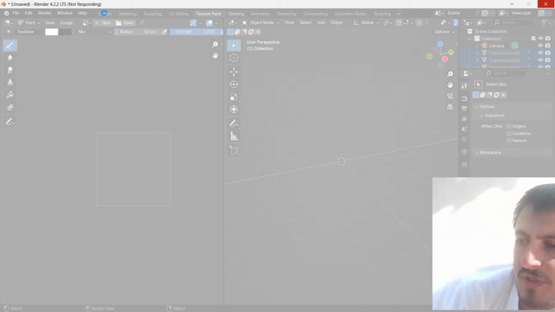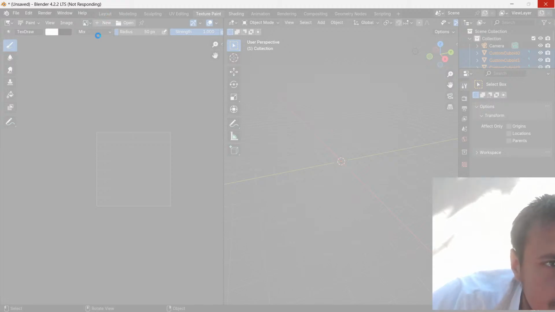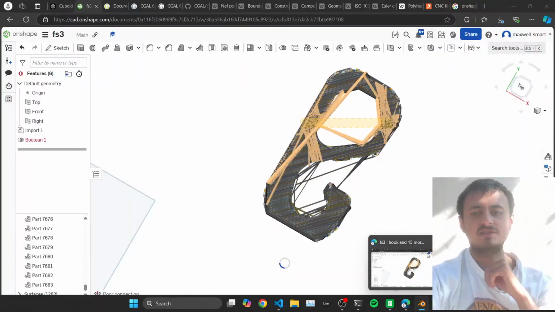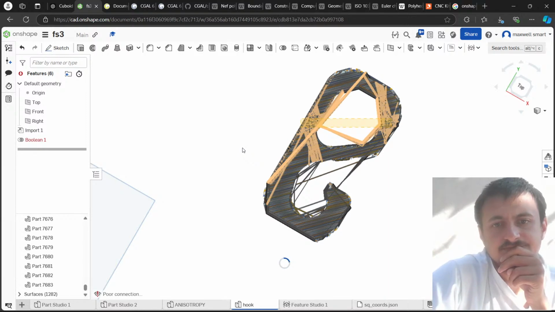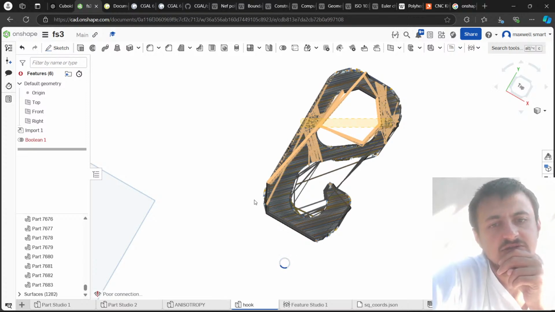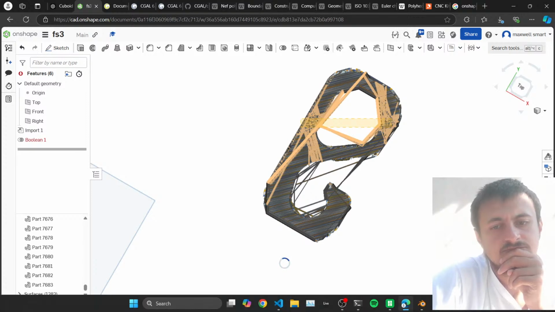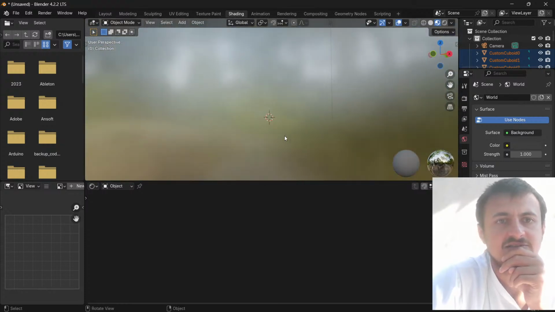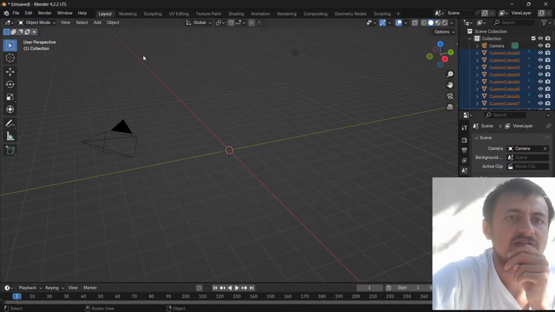It's already 1 p.m. Dude, why is this not... Blender? I feel like Blender's always felt so unstable to me. See, there's no way that this is right. It's picking up bad edges. What? What is this?